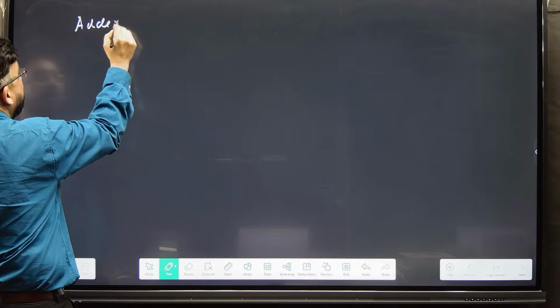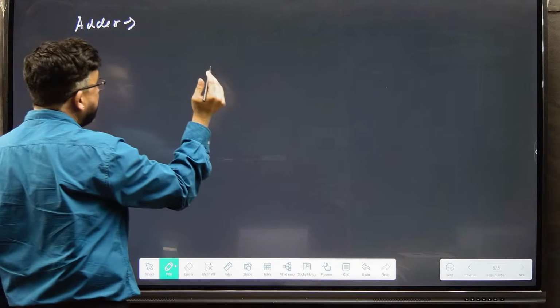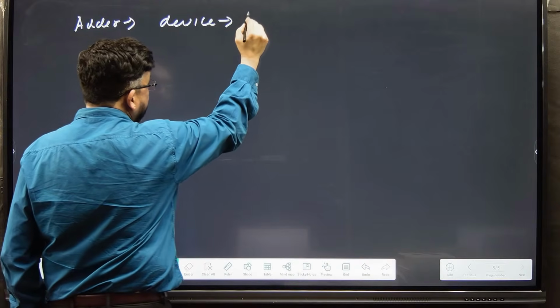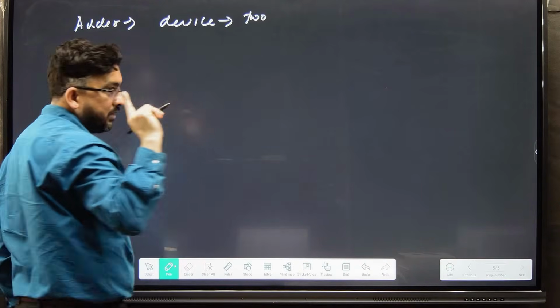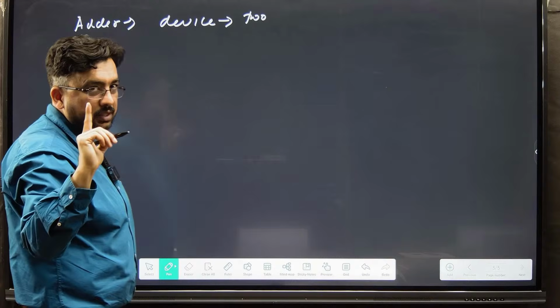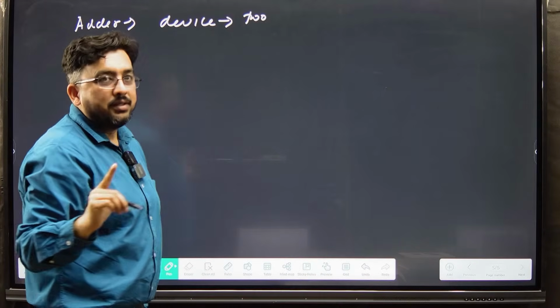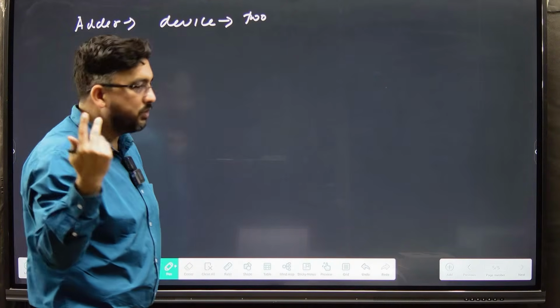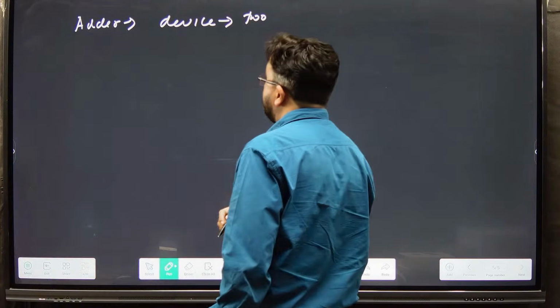So adder is basically a device which has two inputs. Please note, I know there is a question in your mind: I have read three inputs, but why is sir saying two inputs? There is always a question in your mind.